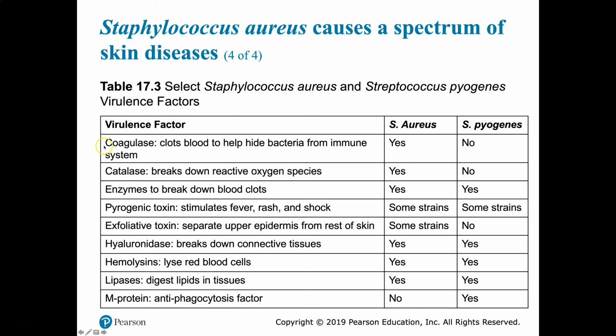And it was definitely coagulase, catalase, exfoliative toxin, hyaluronidase, hemolysin, and M protein. The ones I didn't talk about really were pyrogenic and lipases. Those are the two that I really didn't mention, so you can ignore them.